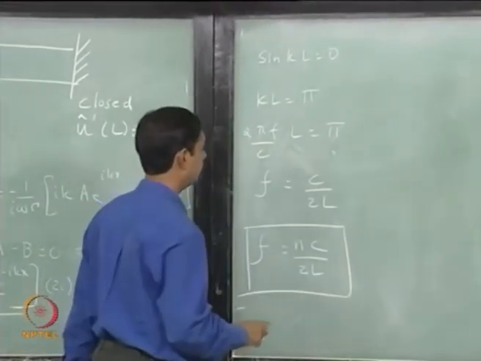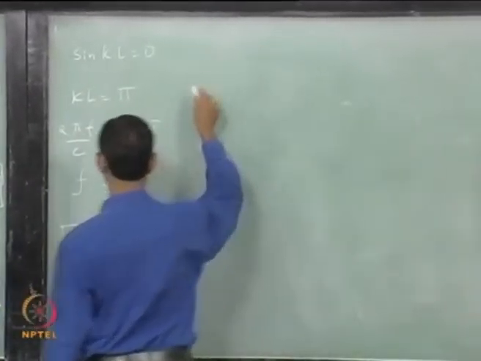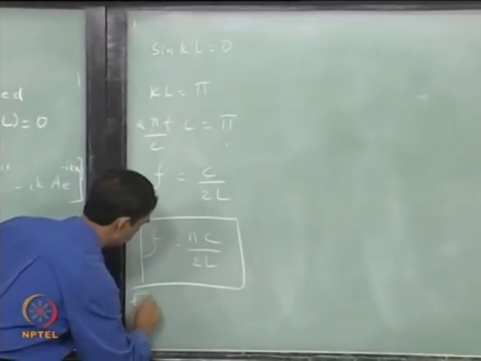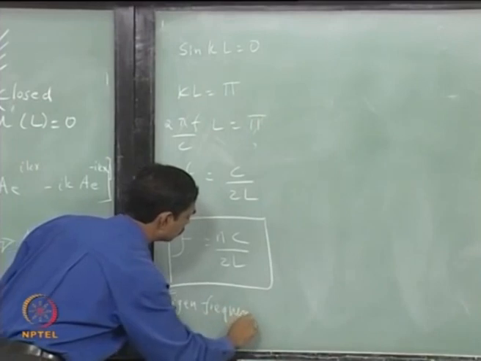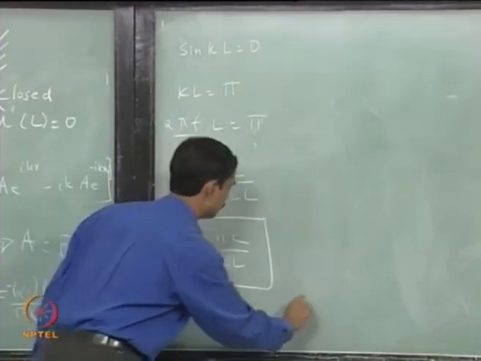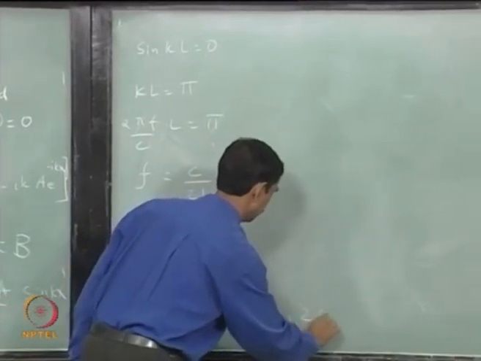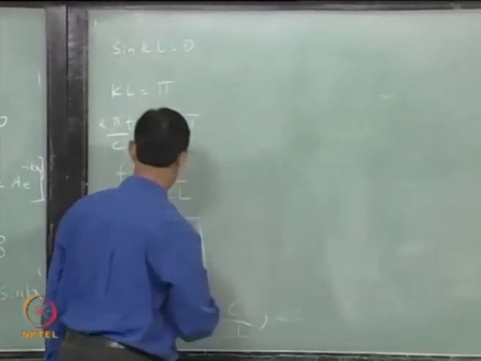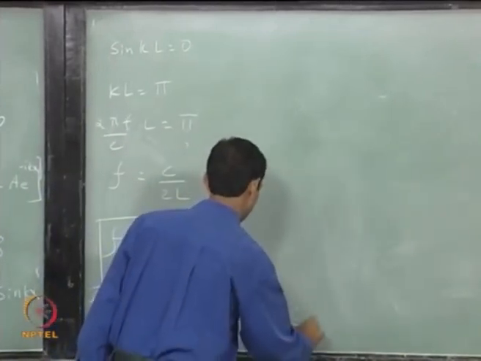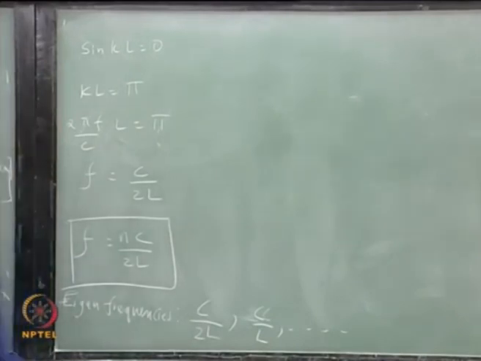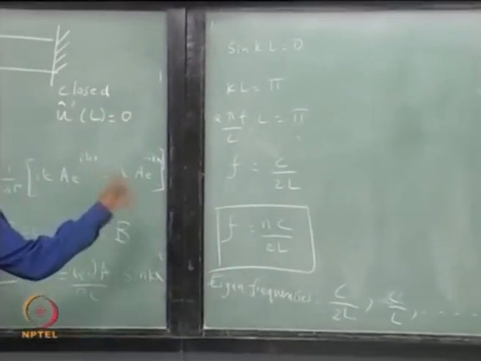So our eigenfrequencies or the natural frequencies are c by 2L, 2c by 2L, which is c by L, and so on and so forth. This okay?